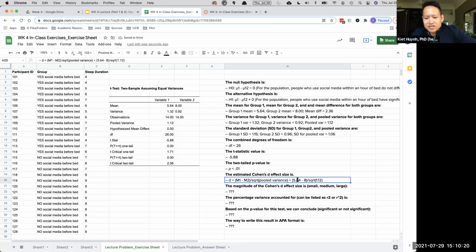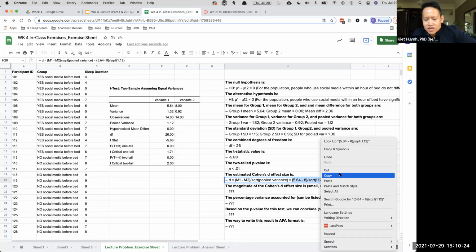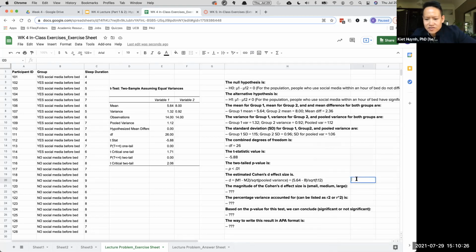Google is not going to compute this for us until we copy it and put an equal sign in front to start the cell. Then Google knows there's a calculation. Then paste the formula. The answer is negative 2.23. That's the magnitude of the Cohen's d effect size. Negative 2.23. Okay.